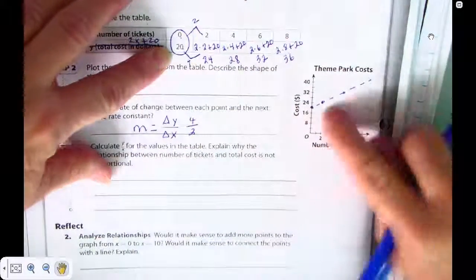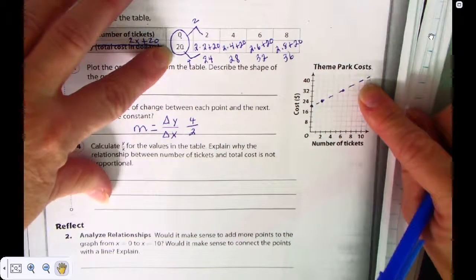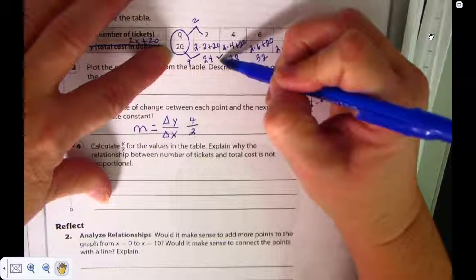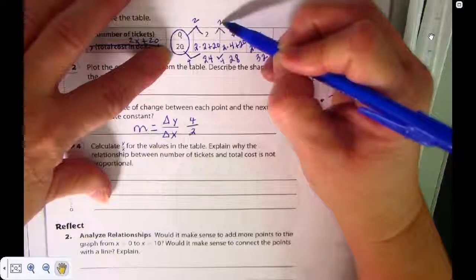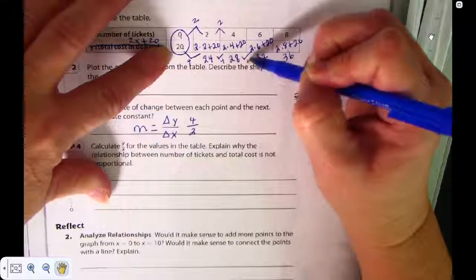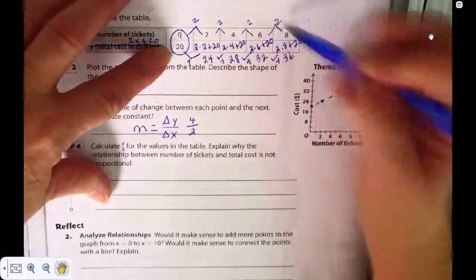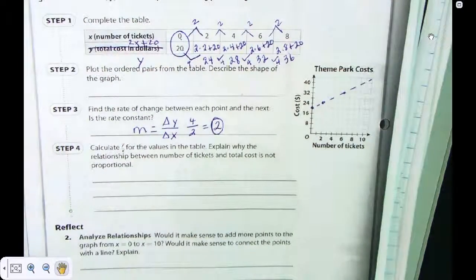Now, we can see it's linear by the graph, but let's pretend we haven't graphed it yet. So that goes up 4, and that goes up 2. That goes up 4, 2, 4, and 2. So 4 over 2 is 2, and that's our slope.